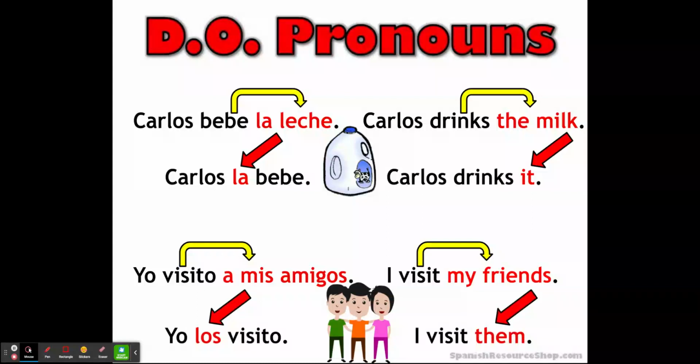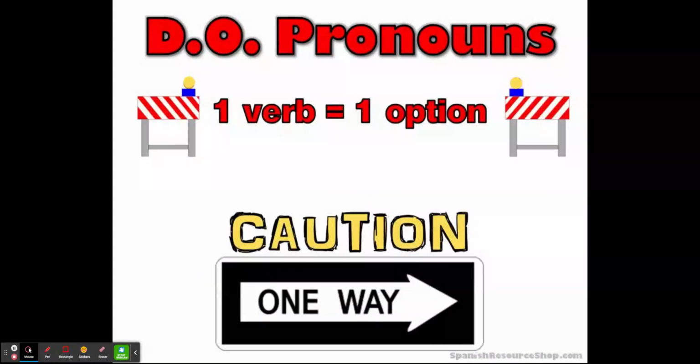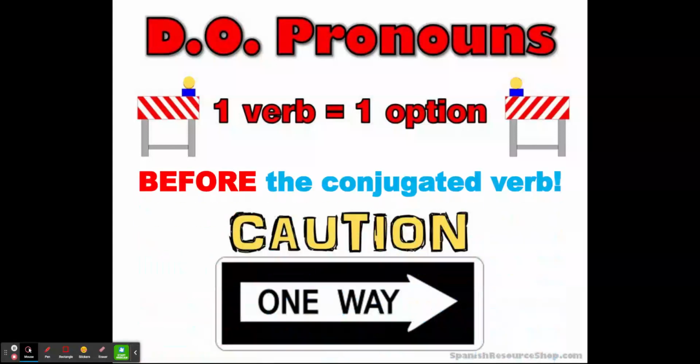And here it is, the simplified version of the sentence: Yo los visito. For sentences that have one verb, one option is placing the pronoun before the conjugated verb. You saw that in the previous two examples. We placed the direct object pronouns before the conjugated verb.